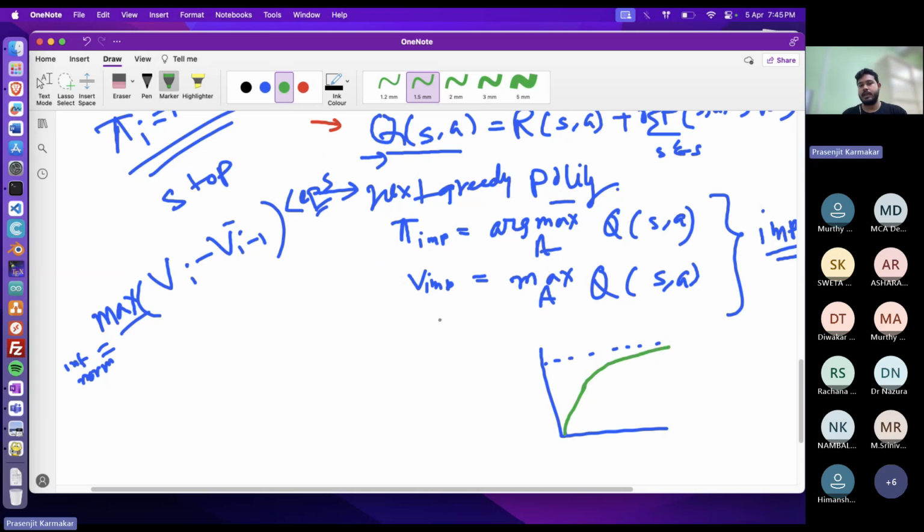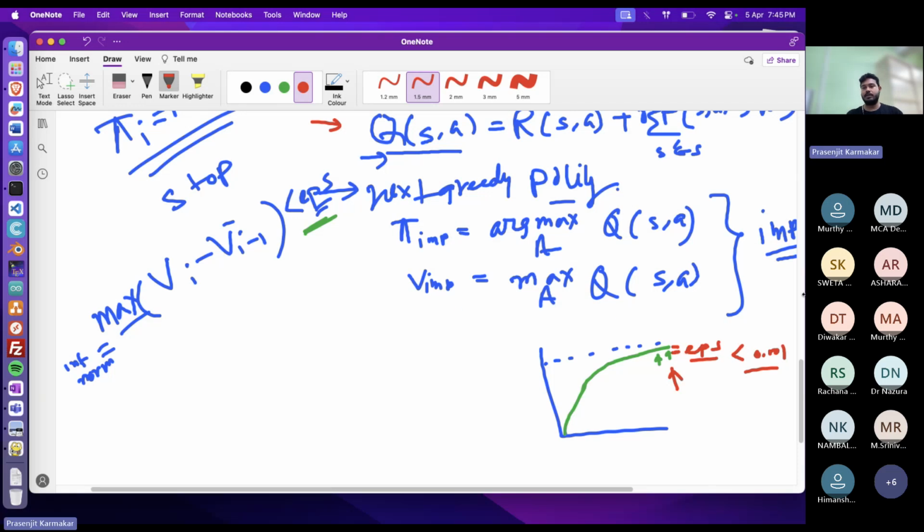By ensuring that the previous and the current are within some epsilon margin, you are assuring that the difference in value function is only this part, this epsilon. If this part is less than, let's say, 0.0001, then I know that my curve has flattened out. The previous and the current value function don't improve that much, so I can stop at this position.